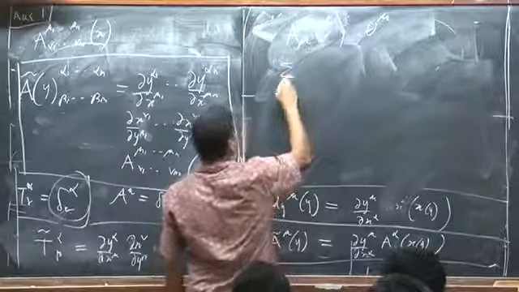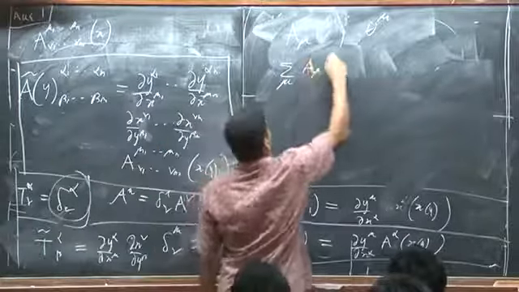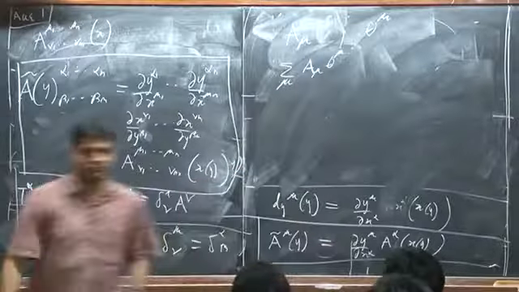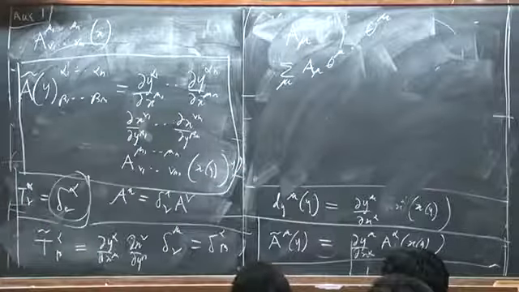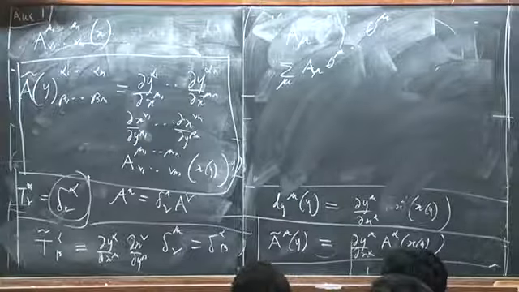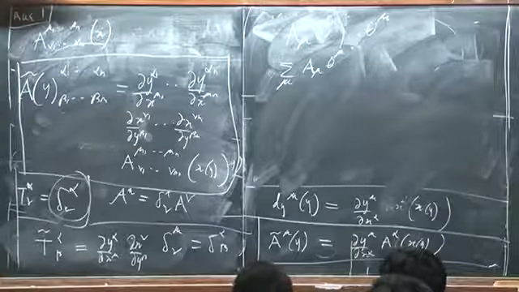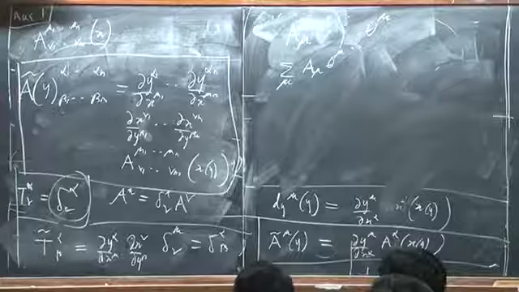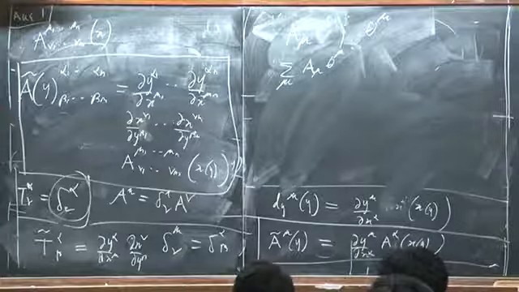Now I form the following object: the sum over mu of A mu theta mu. Okay? I ask, how does this transform? Answer, it transforms like a scalar field. Proof.